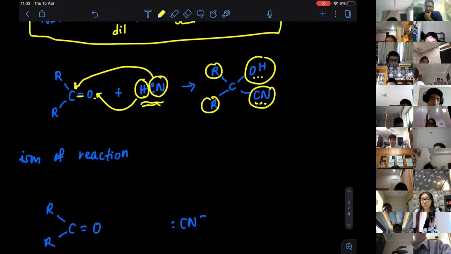Now I'm going to ask Christopher another question. If I ask you to suggest a mechanism for this reaction, how do you suggest the name of the mechanism? Is this involving nucleophile or electrophile? Is this a substitution or addition?